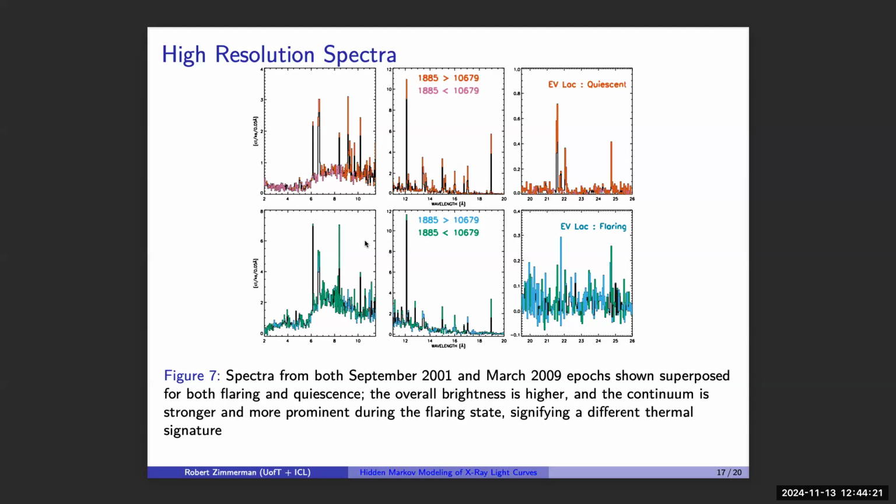Not the flaring state, because it's difficult to see in this thing, but there is more variability that you can see in the flaring state. So each flare is its own unique snowflake, but the quiescent state in both cases seems to be very similar to each other. So how do you see the difference in variability?